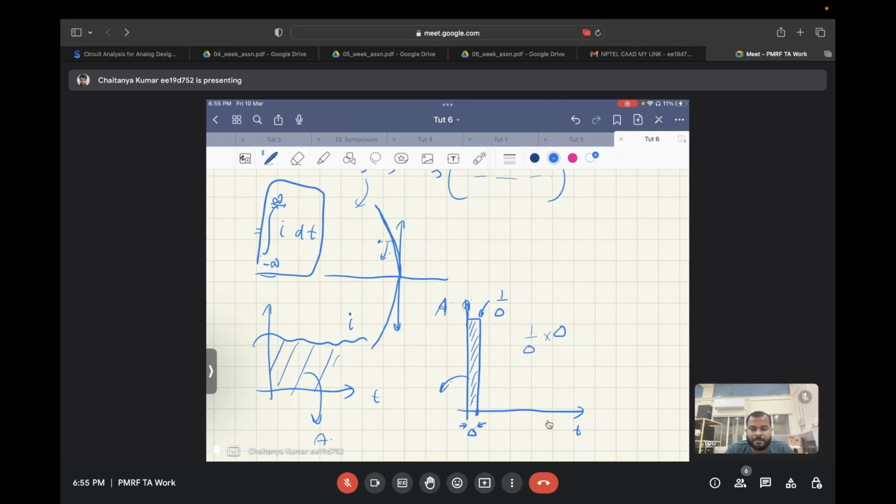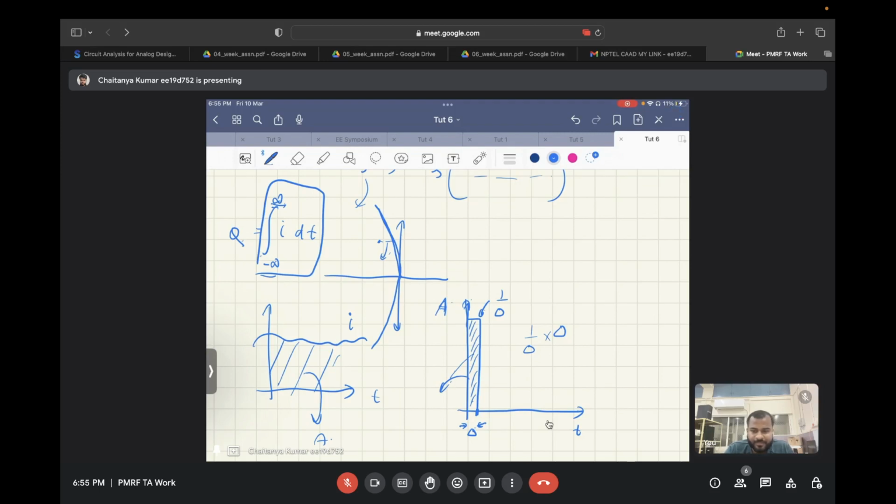I is equal to dq by dt, sir. Correct, so this is charge. So what does the area under this curve signify? Charge, Q.